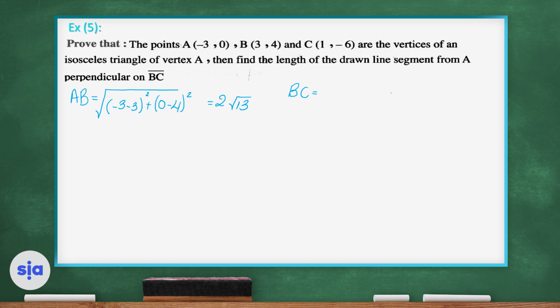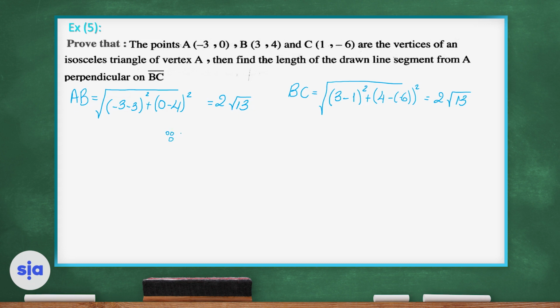You will see that BC, its length is the square root of (3 - 1) squared plus (4 - (-6)) squared. It's also equal to 2 square root of 13.